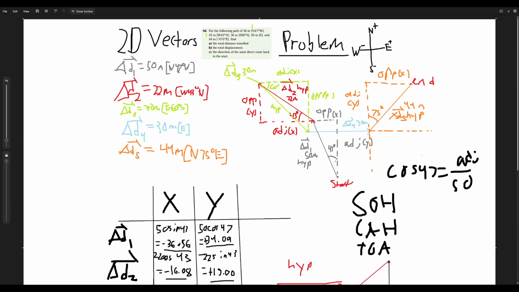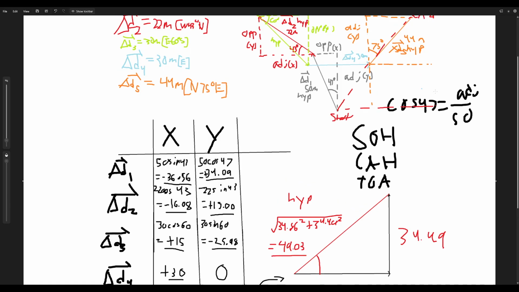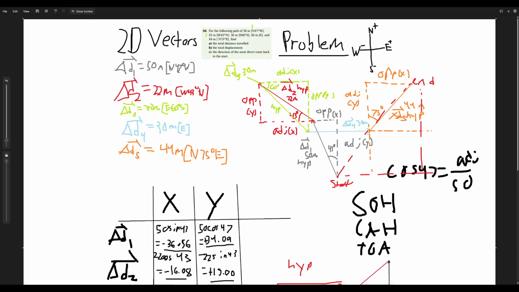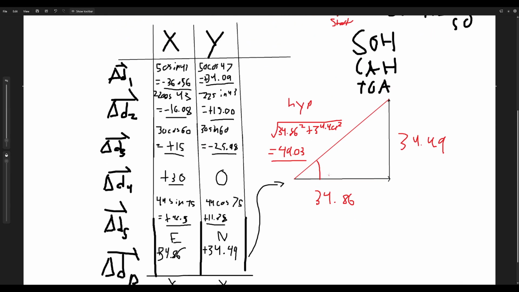This red line is the line going from the start to the end, and these x and y are how much they moved in the x and y. So you can imagine it like that.